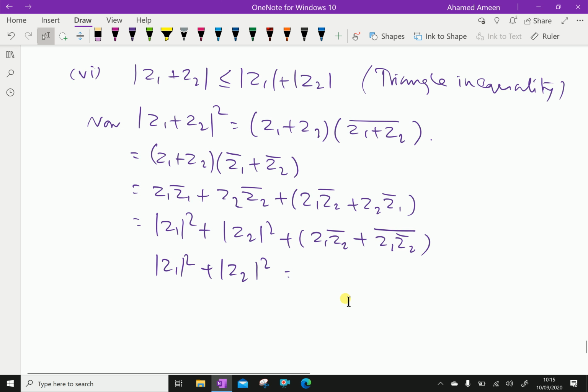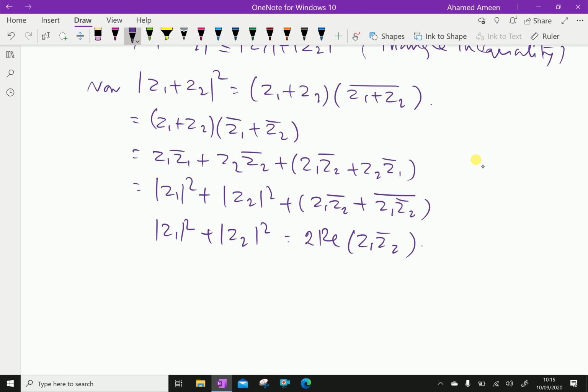Since we know that z plus z bar is 2 times the real part, we can write this as 2 times the real part of z1 z2 bar.